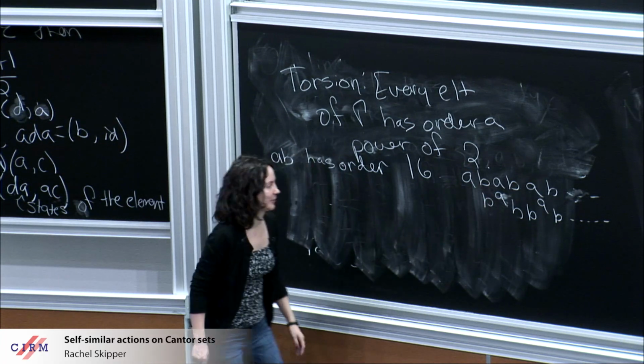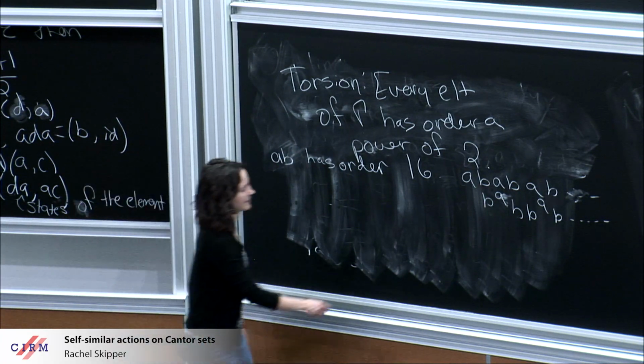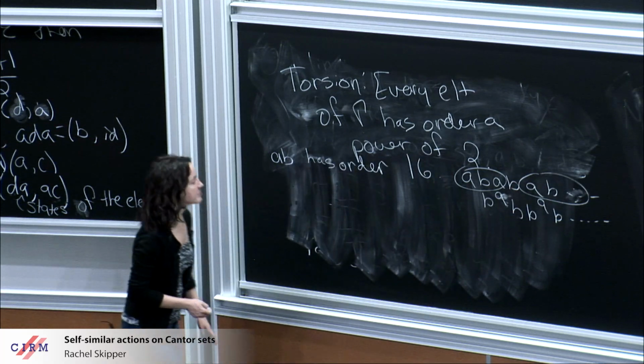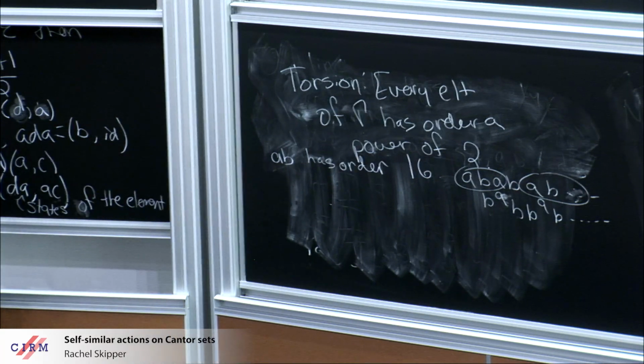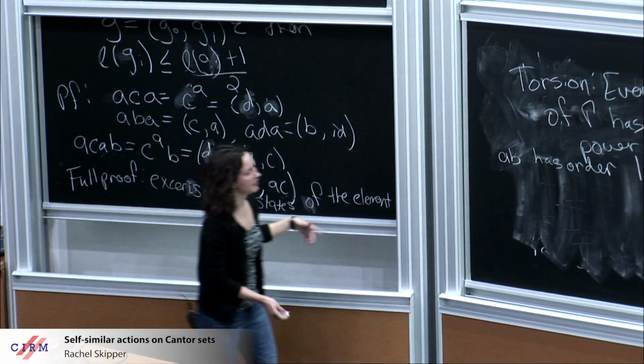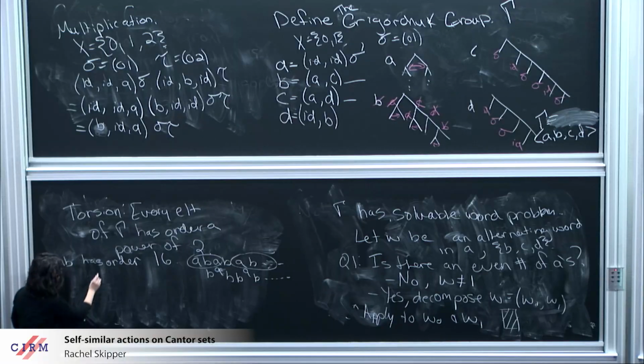So what I have here is really B conjugated by A, B, B conjugated by A. And then I use this, right? That B conjugated by A just switches the order. And so now we start drawing our tree.